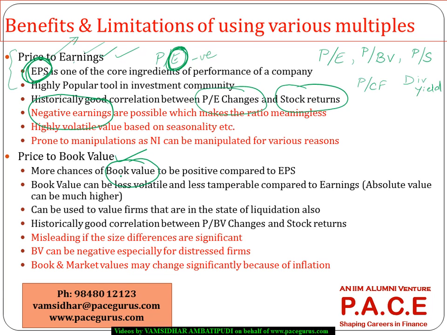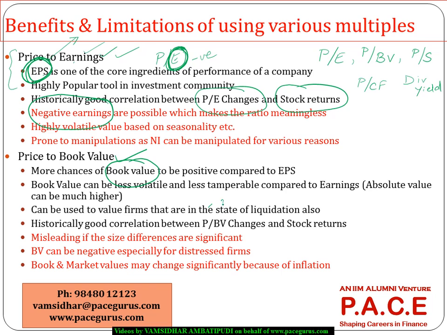So as long as the company has been generating profits over the last few years, the book value keeps accumulating. Book value is a cumulative figure, not the profit or loss of one single quarter. It's not a P&L item, it's a balance sheet item which is more of a cumulative figure. So there are high chances that it will be positive, except for some distressed firms or something like that.